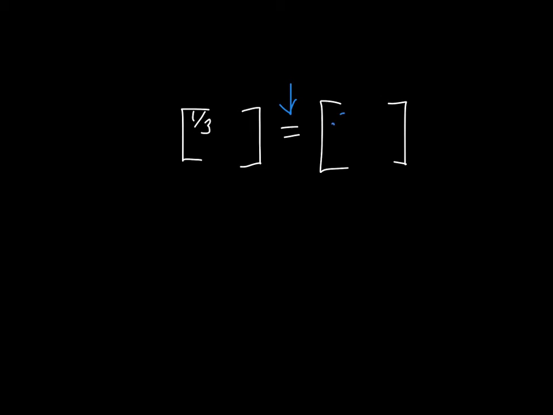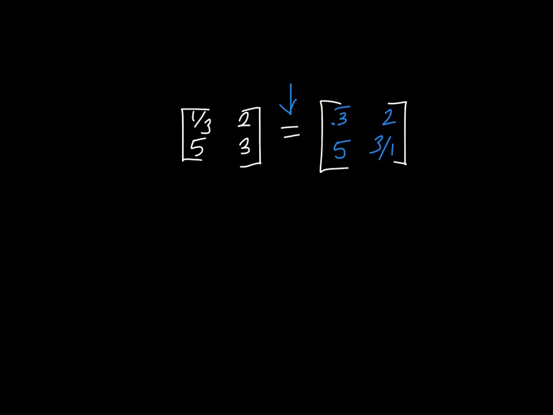So maybe I'll put a 0.3 repeating here, and that means that I have so far an equal matrix, right? So I could put a 2 here, and then on the other one I would have to have something with the value of 2 there. And maybe I have a 5 here, and so on the other one I'd have to have something with the value of 5 there. So they have to match up. And that's all you have to worry about with equal sign, is that they actually match up, that the values are actually the same. Okay?